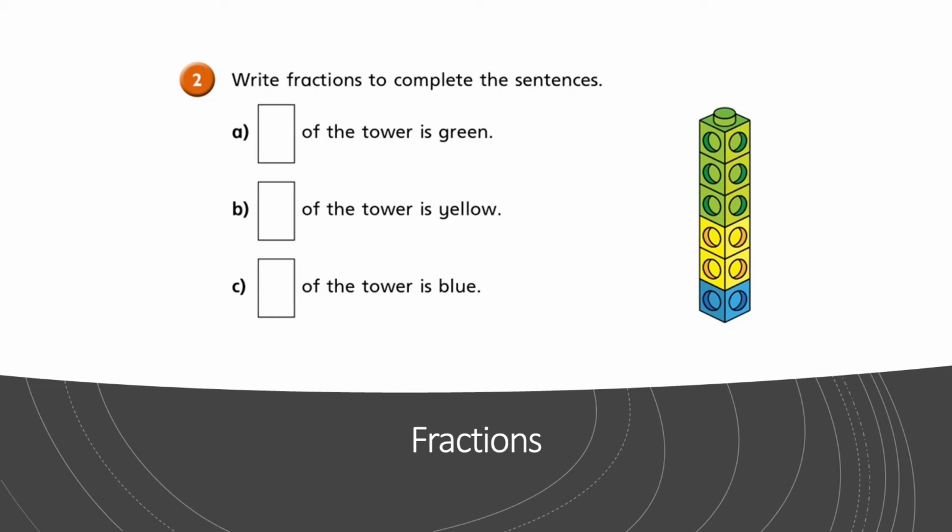B. How many cubes do we have all together? That's right, 6. So how many are yellow? 1, 2. So 2 is the numerator and over 6 the denominator. So it would be 2/6.